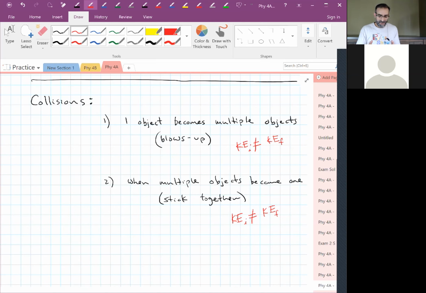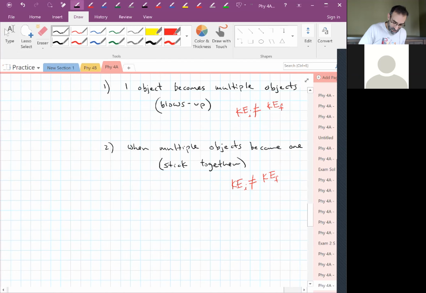So we know for certain when things stick together, the kinetic energy will not be the same before and after the collision. But what is the same? Momentum, right? If there are no external forces acting on our system, the momentum will be the same before and afterwards.